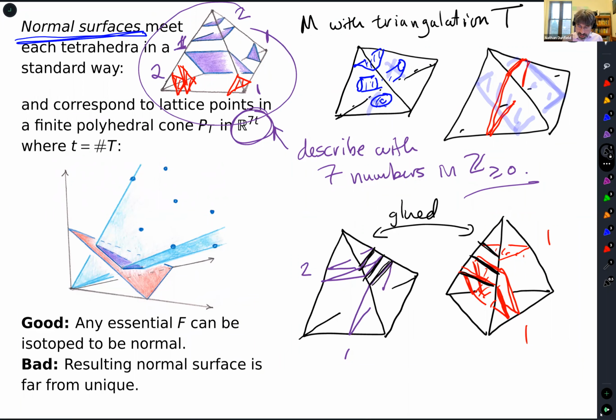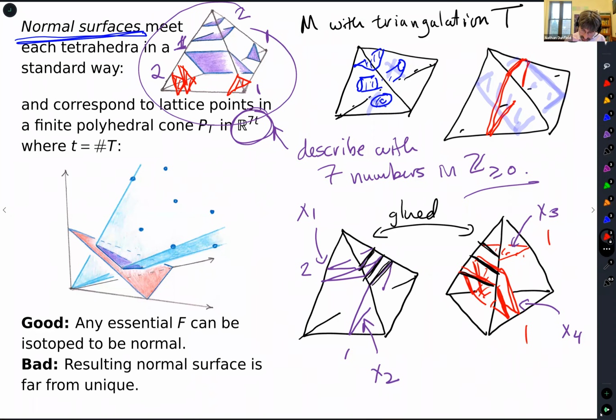So we can actually think of the condition that these things match up along this common face as some kind of equation. Maybe we'll call the number of these things x1, the number here x2, x3, x4.